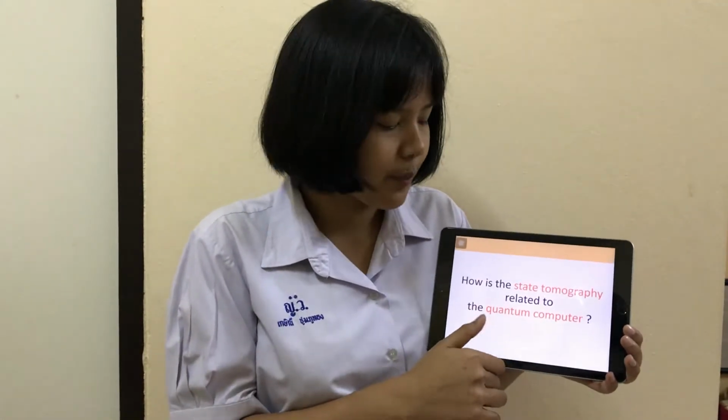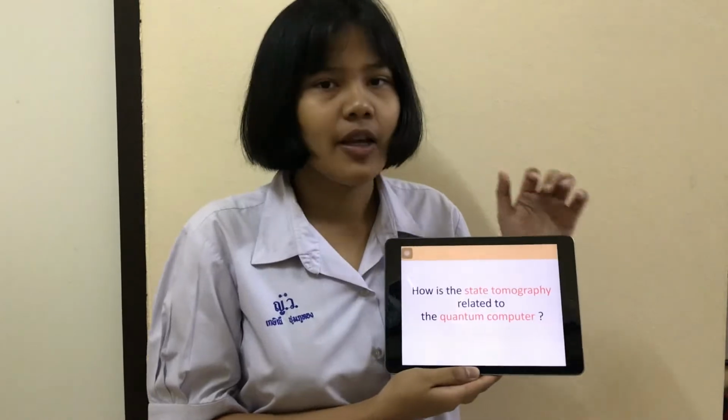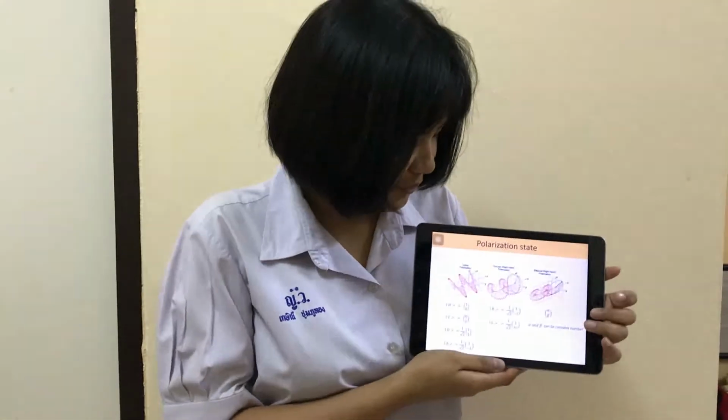If I want to learn about the qubit, I have to know the procedure to experiment in quantum physics for the quantum computer. The procedure makes me know about the measurement in state tomography. And if I know state tomography, I will know the polarization of photon.